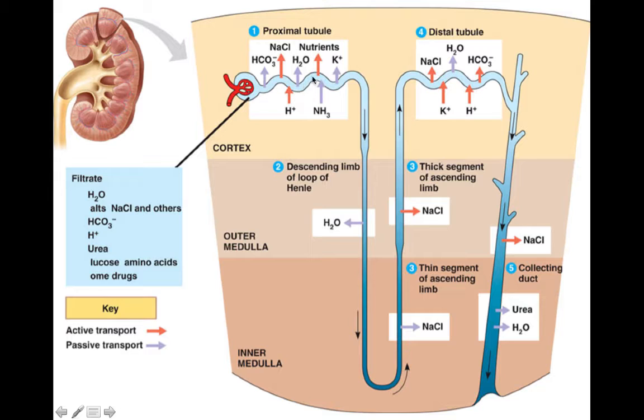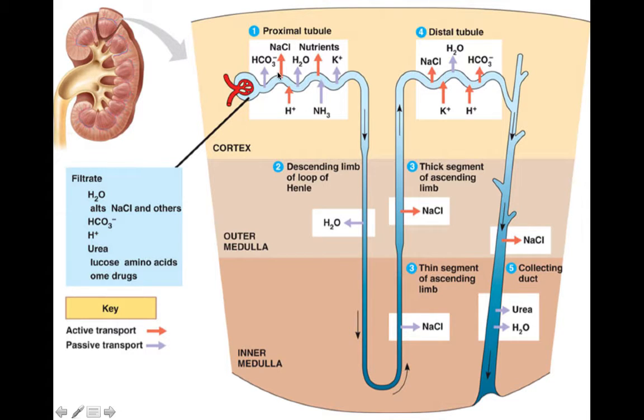Then it moves along a proximal tubule, a loop of Henle, and a distal tubule, and then all goes into a collecting duct, okay? Again, we will do this in more detail later on, but this is just to give you a bit of a visualization, with colours and things like that, to help you understand where active transport happens and what for, and where passive transport happens and what for, okay?